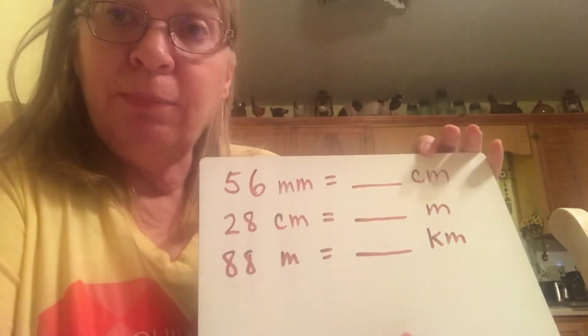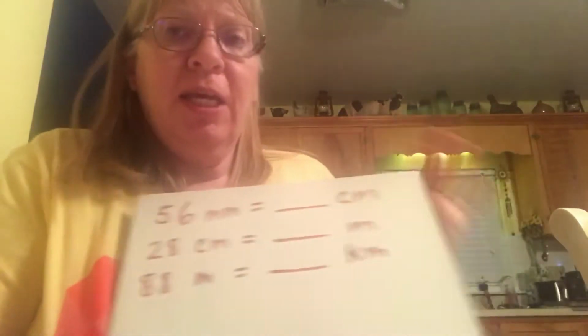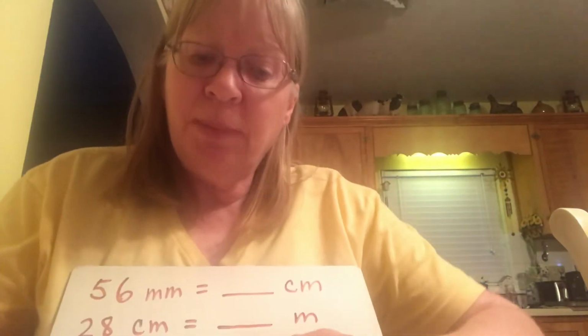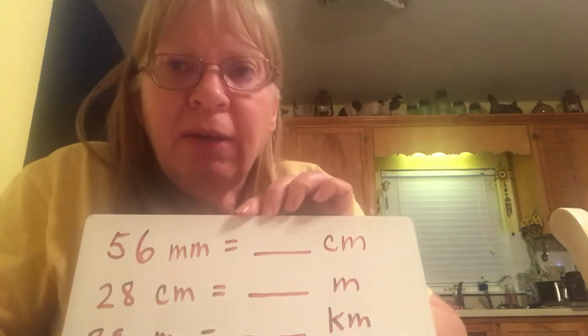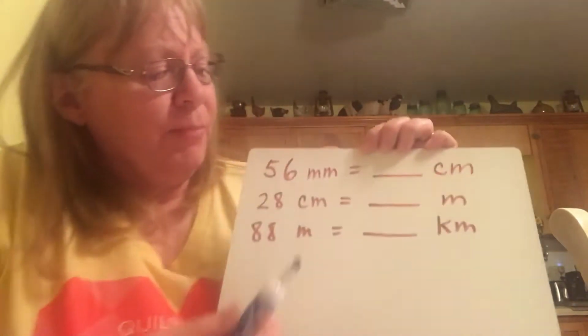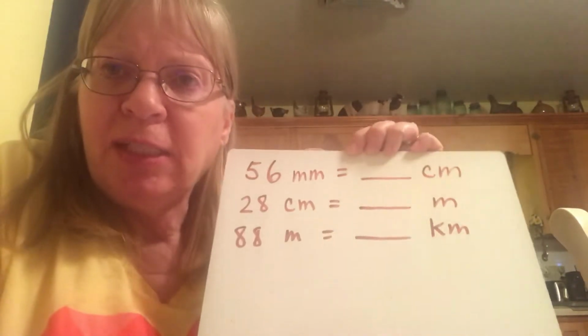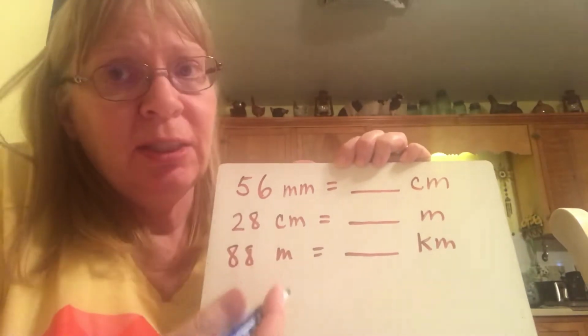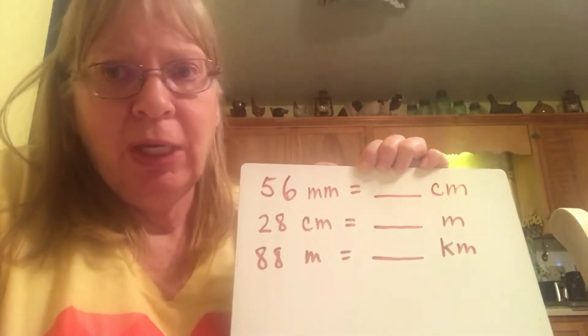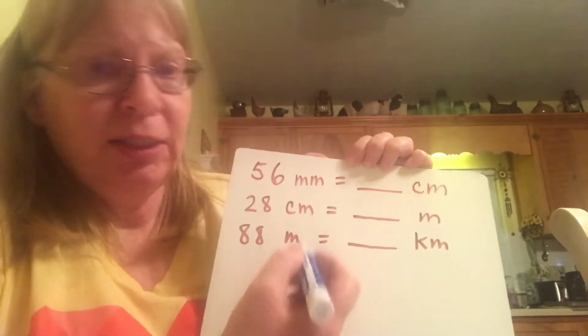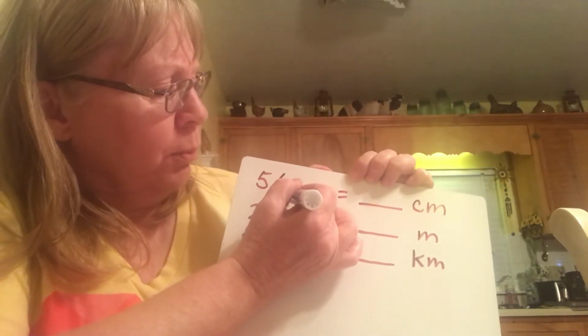So we're going to divide by 10. And the nice thing about this is, remember, every number, if it doesn't have a decimal, that decimal is still there. It's just not written because we don't need it. Okay, so 56 is the same as 56 point.